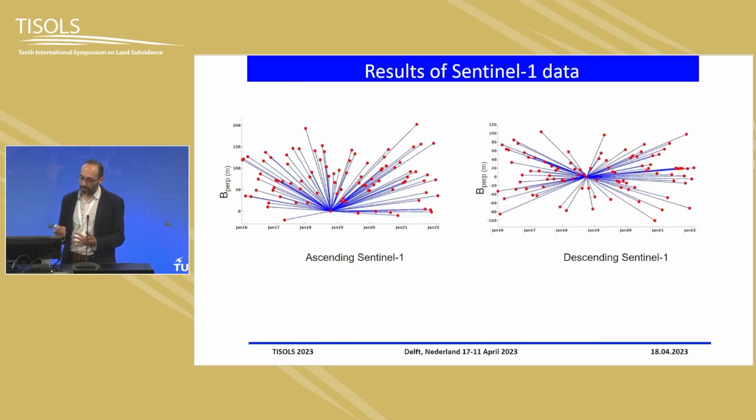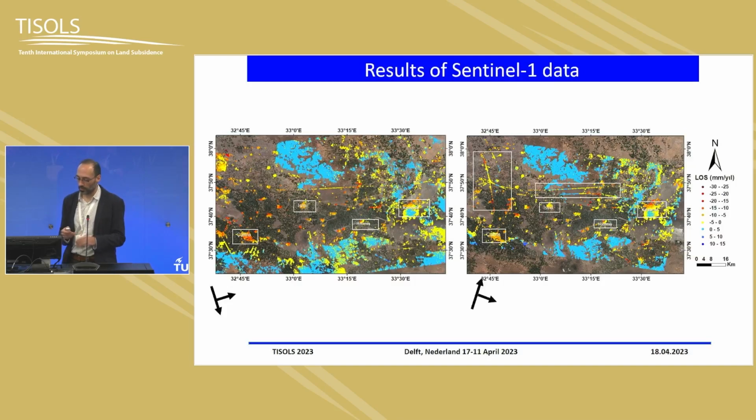And for Sentinel, we have 6 years. The temporal baseline is about 3 years here, and again the perpendicular baselines are lower than 200 meters, and both have approximately 95 images. We didn't use all the datasets; it would be too much to process. So we used, let's say, 1 per month, 24 days apart, of the Sentinel-1 data.